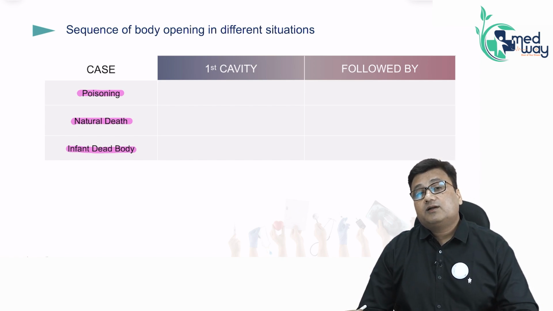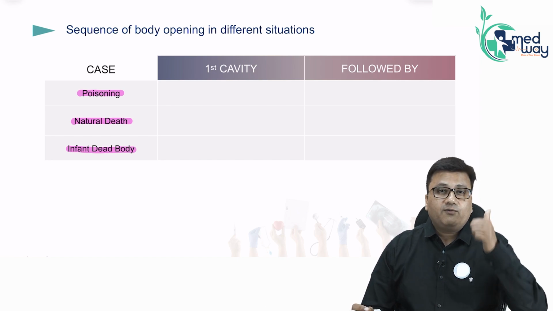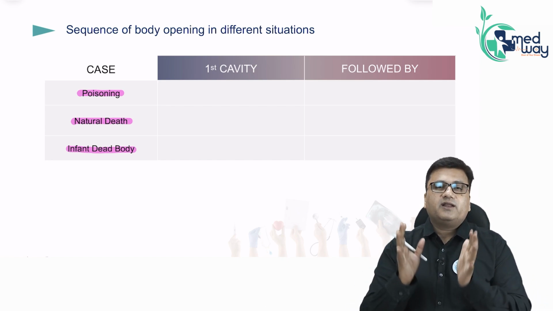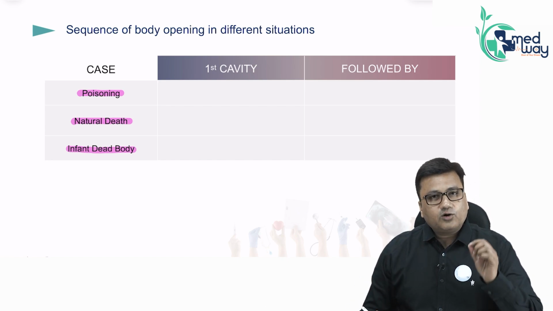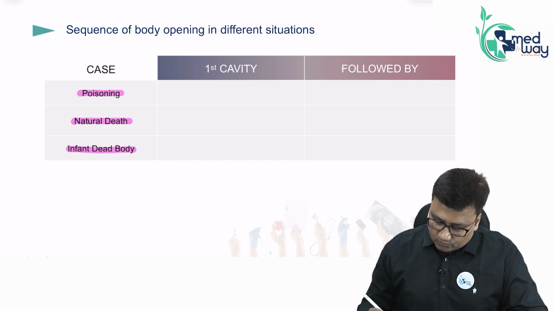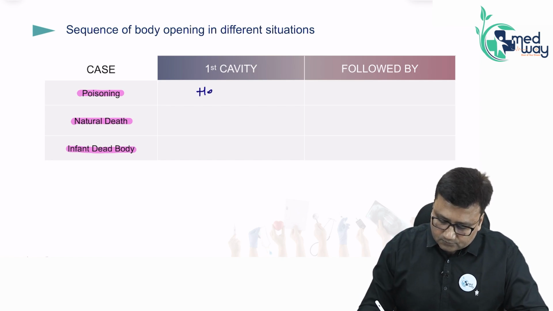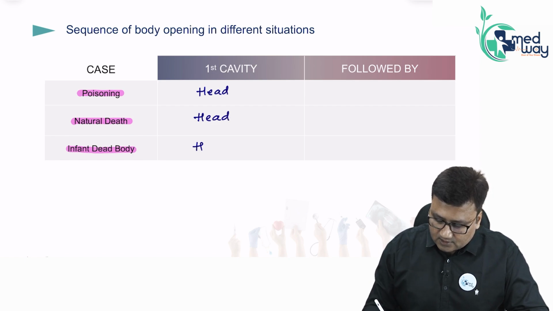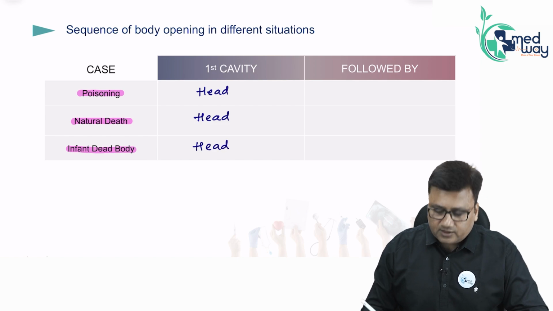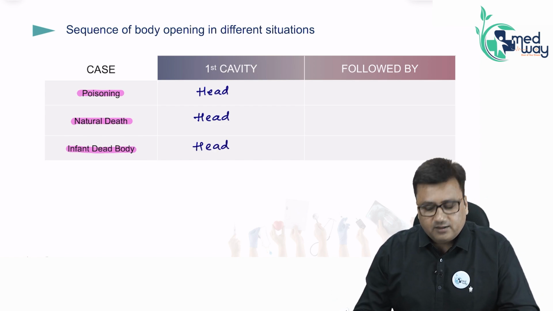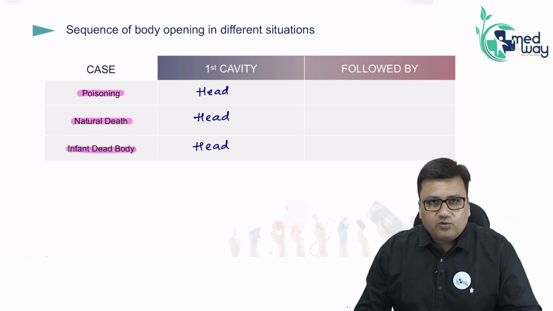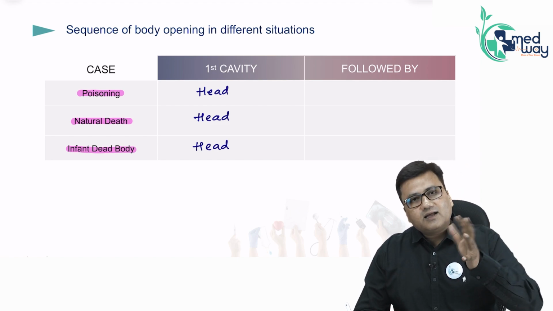And what we have learnt from the basic thumb rule, that when we don't know where the cause of death is, what do we open first? We open head. So, you open head first in all these situations, right? And this has to be followed by the other cavities.